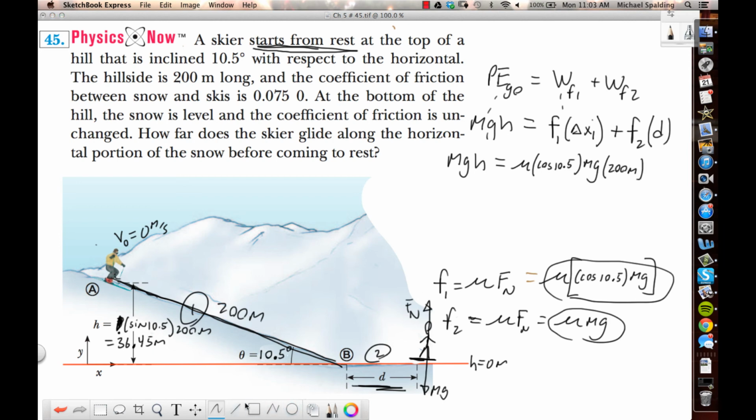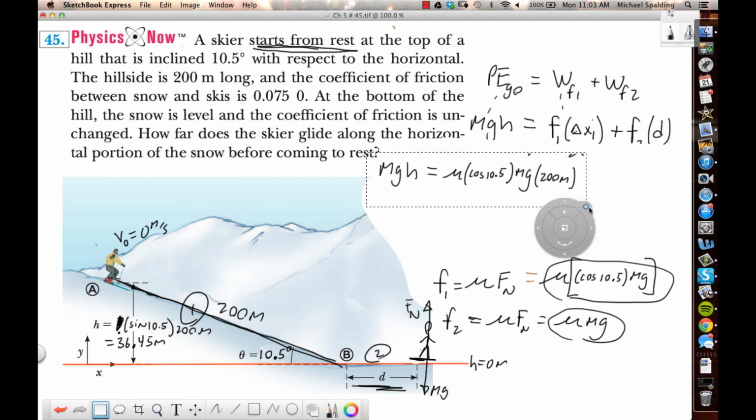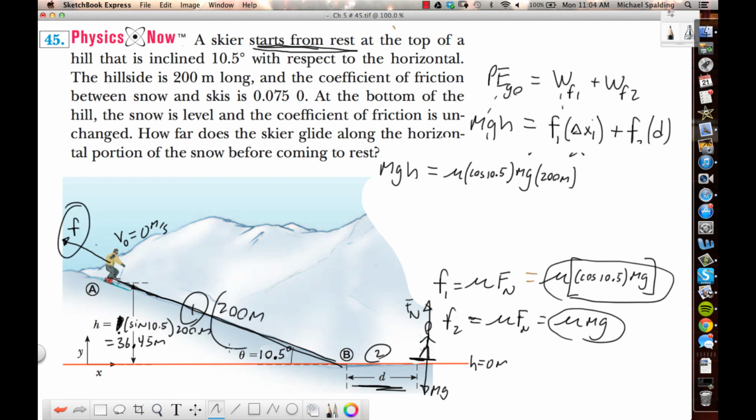Shoot, I'm out of room. Is the 200 parallel to the friction? Yeah, look, when the guy's going down the hill, which way is the friction pointing? Back like this. Friction is always parallel to the motion. Is friction parallel to the 200? Yeah, it's got to be when you use the work equation.